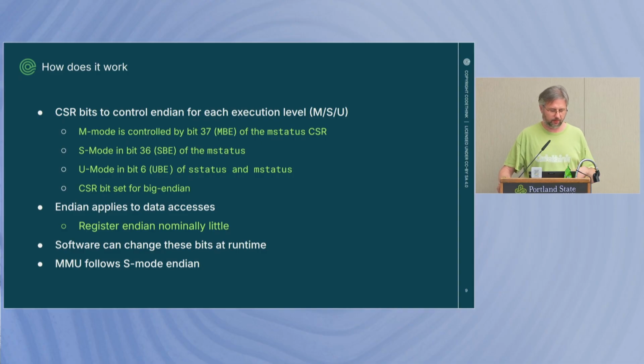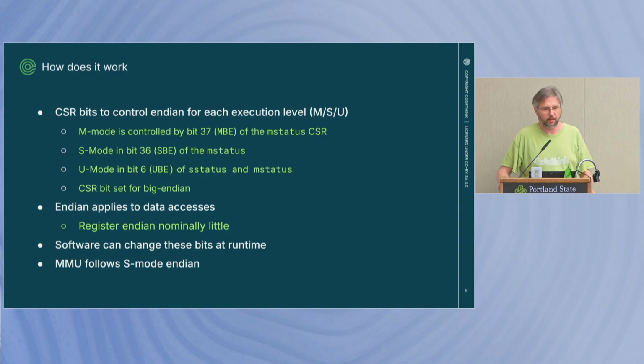And again, you also have similar for S mode, which shows which mode supervisor is in. And it goes all the way down to the user mode, which is bit 6, which is both in sstatus and mstatus, because really the status registers sort of stack up, and each sees bits of the lower modes.